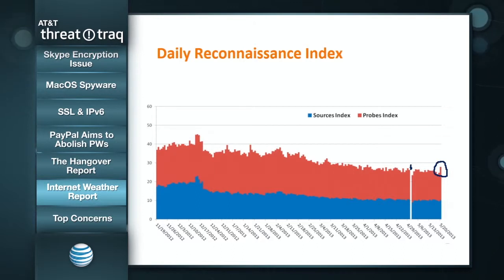And you can see that even just yesterday, that more aggressive activity did show up on our reconnaissance index as an uptick in that activity. But generally speaking, we've seen a downward trend in the amount of scanning activity on the network, which is a positive trend.